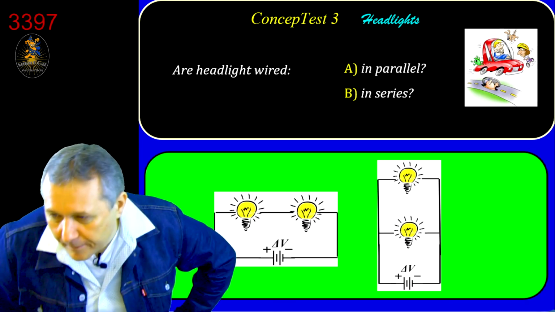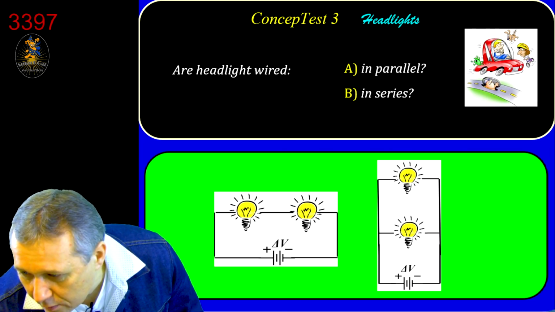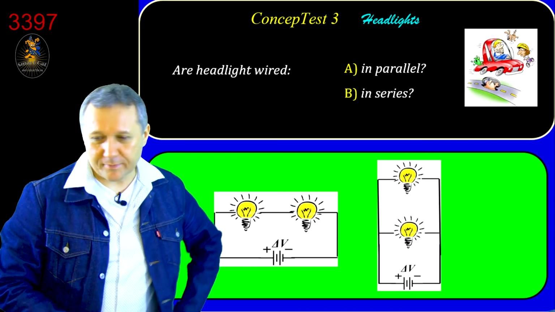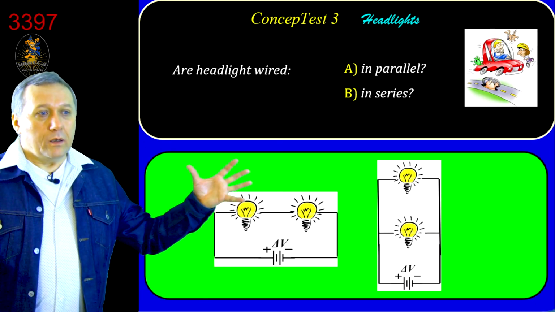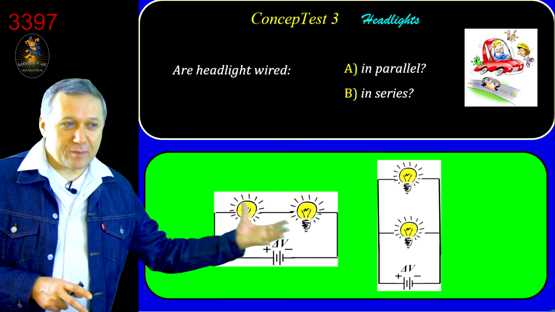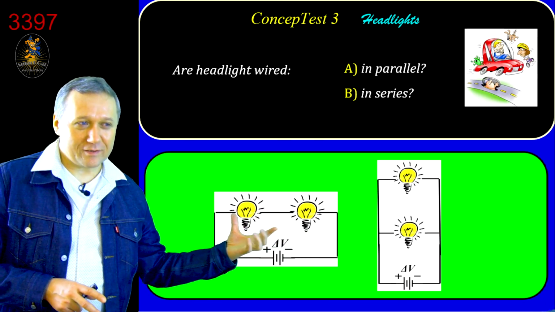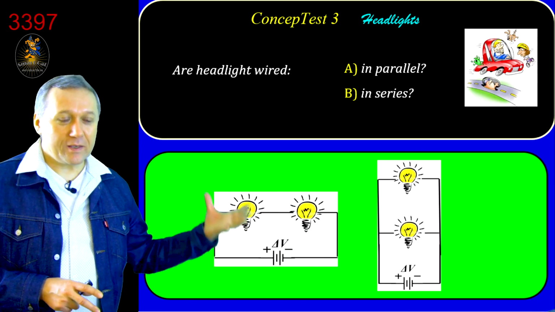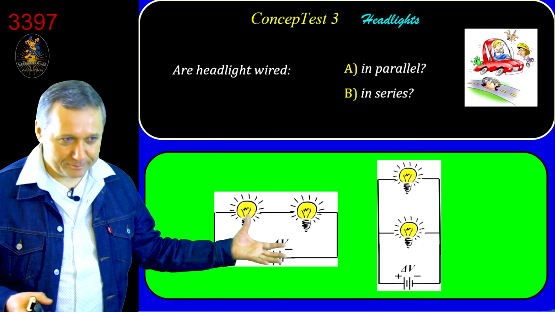Okay, let me look at your results. Oh, awesome. I see that you already answered quickly. Let's assume that somebody wired the bulbs in series. And let's imagine that one bulb gets burned out.